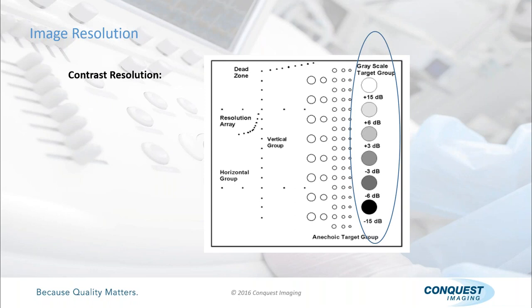So any questions on contrast? Now, the funny thing is, for example, the American College of Radiology does not require you to capture information on contrast resolution, which I find amazing. But you should do it.